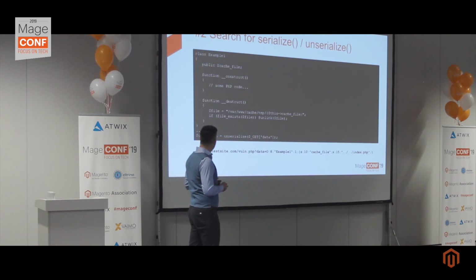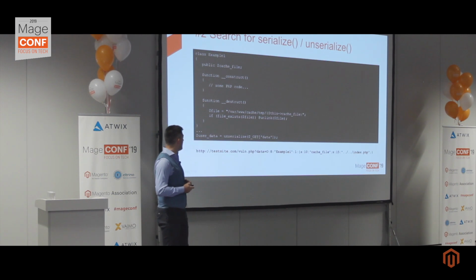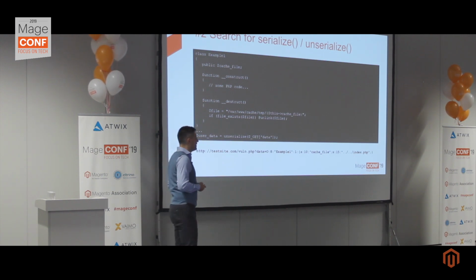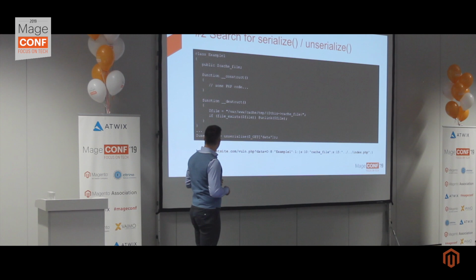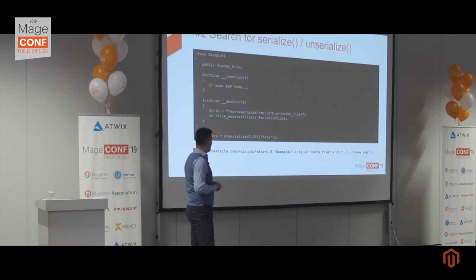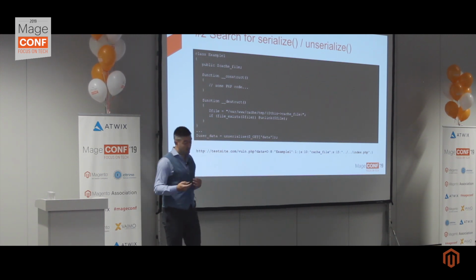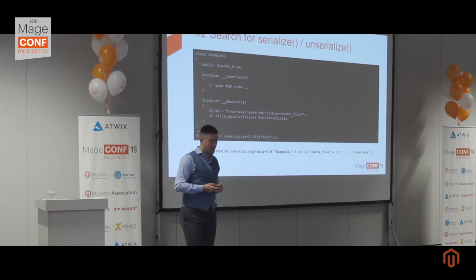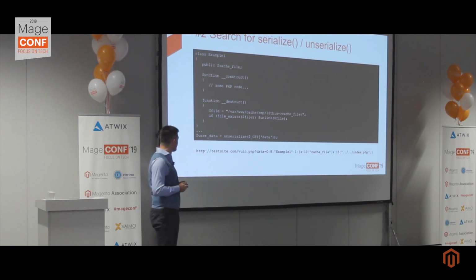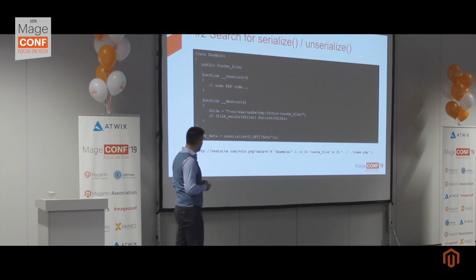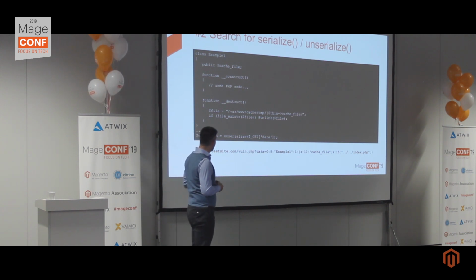For example, in this case we found one class in our project with the struct method. And why is it good for an attacker? It's good because it allows you to change the behavior of this class.